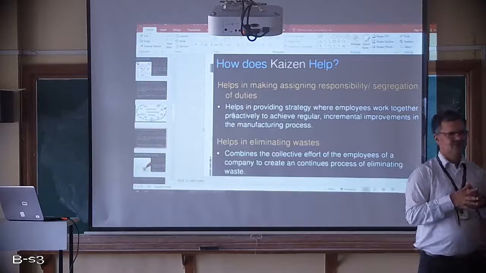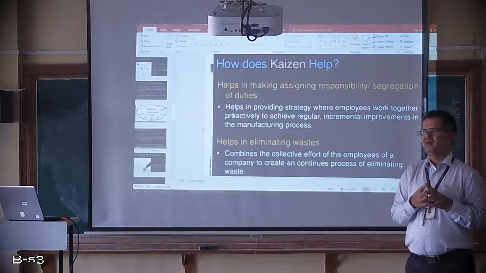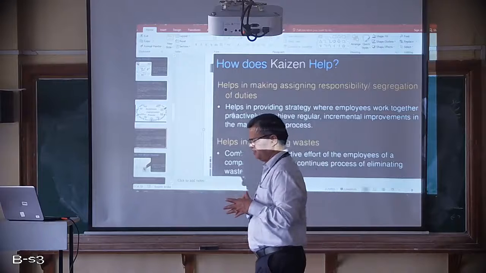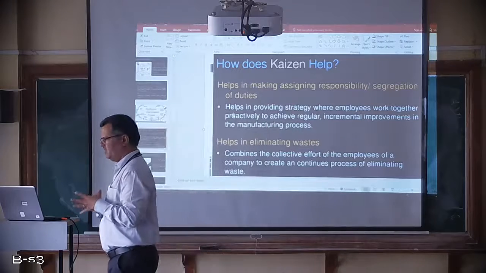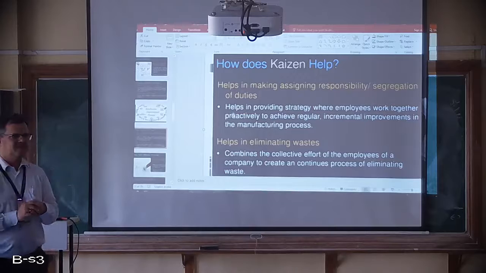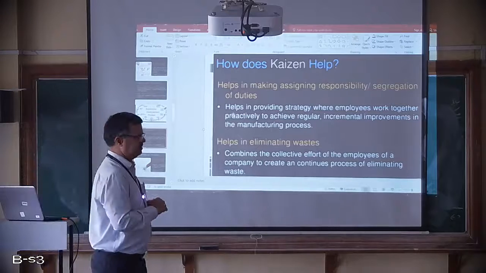Suppose the procurement department did not procure materials, equipment or machinery properly, then that may lead to quality problems in the next stage. So we can't blame only one department.